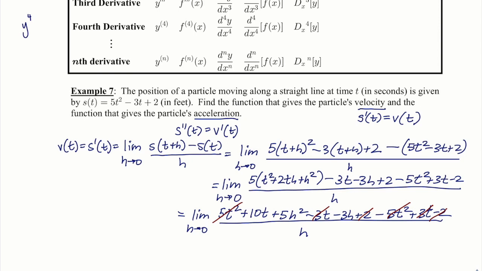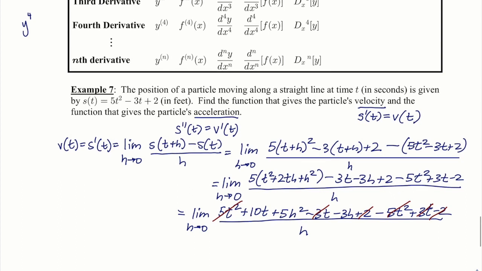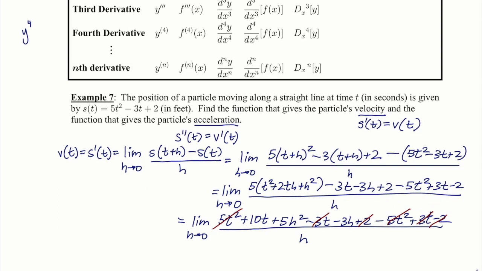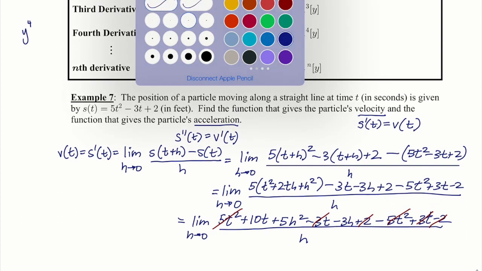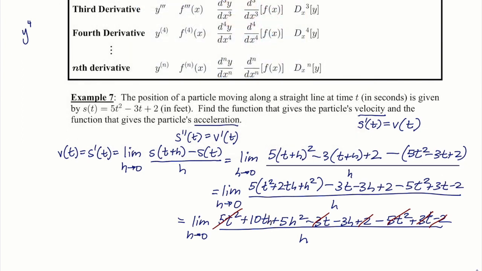And we're left with, let's see, something not right. I have a 10t that should have an h with it there. I know that everything that's left should have an h, so I needed to double check. When I distributed my 5, I lost that factor of h, but now we've got it back. There we go.